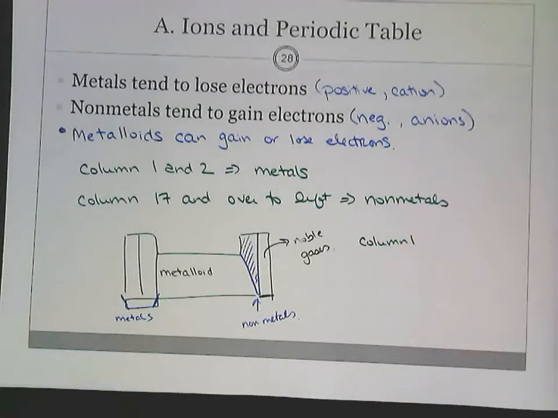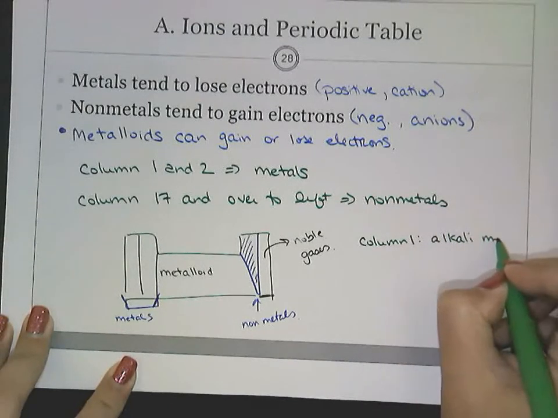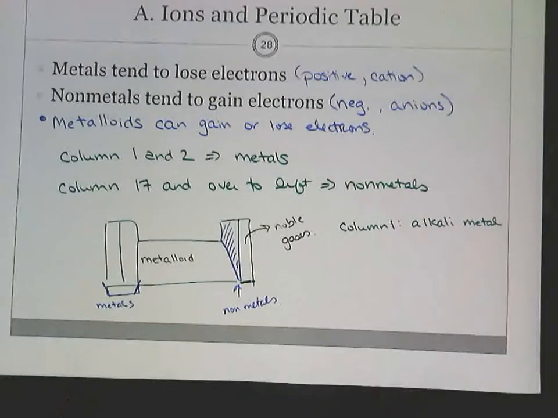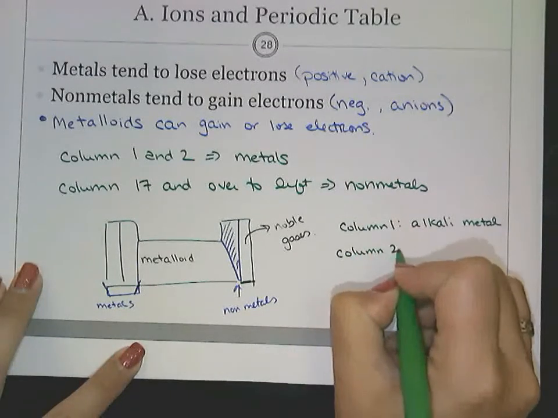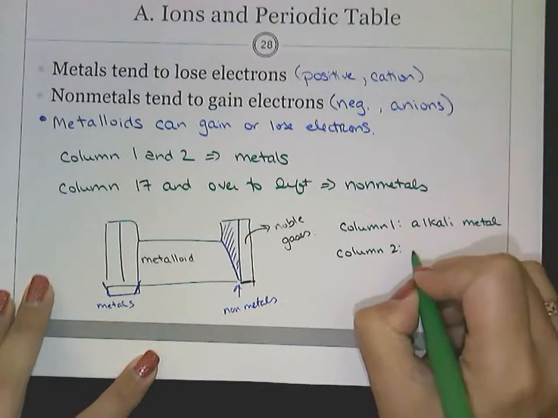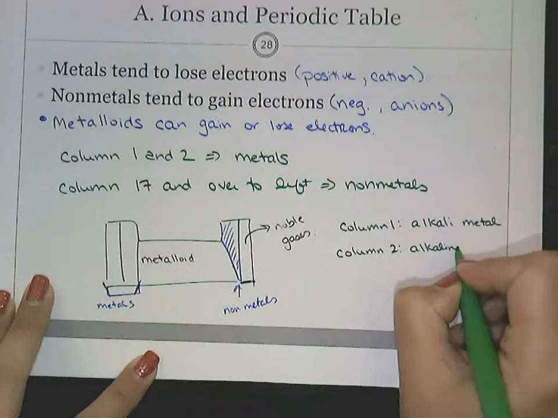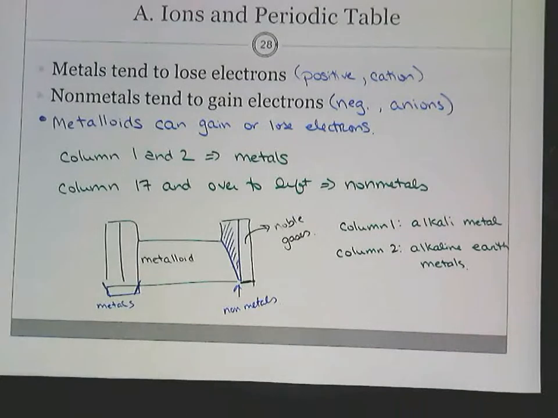Column 1 has a special name. We call that the alkali metal column. Column 2, we call the alkaline earth metals. And the only other column that has a special name is 17, which are our halogens.